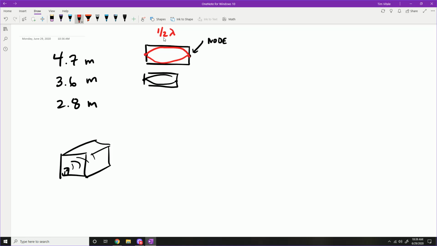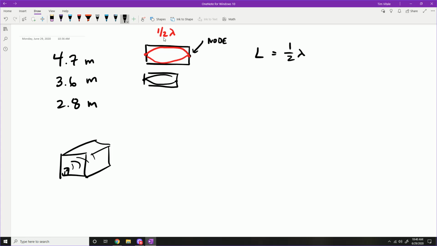We could make smaller waves, like if I put another node here, we could do a full wavelength, but that's not the fundamental frequency, so we're not going to do that. So the length here is going to equal 1/2 of the wavelength. That's going to be true for all three of these. The only difference is each one has a different length.